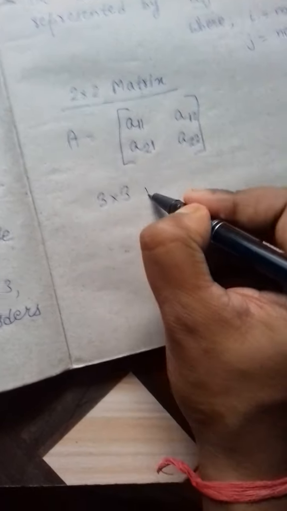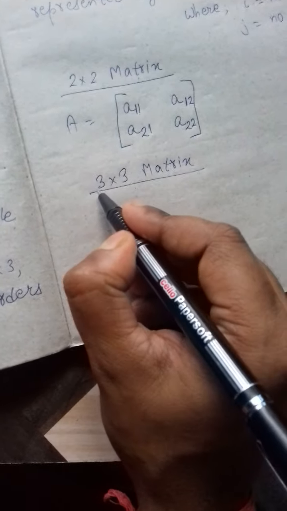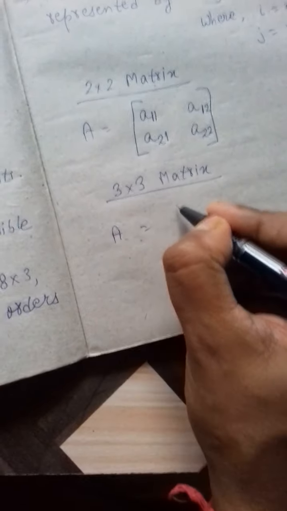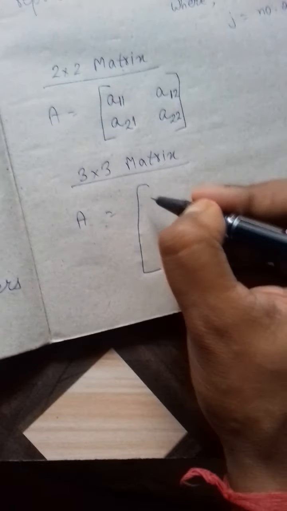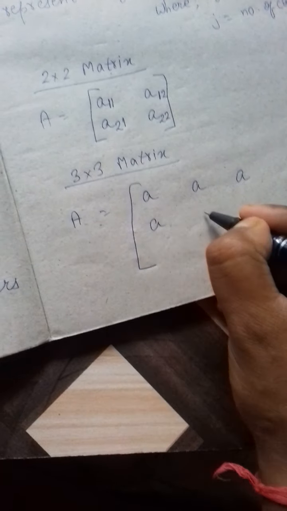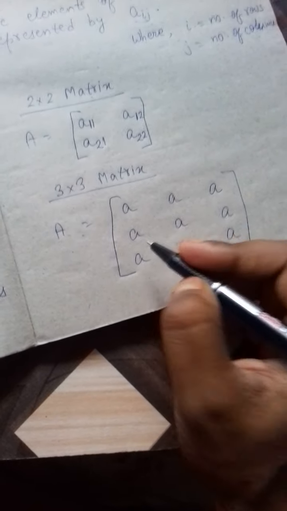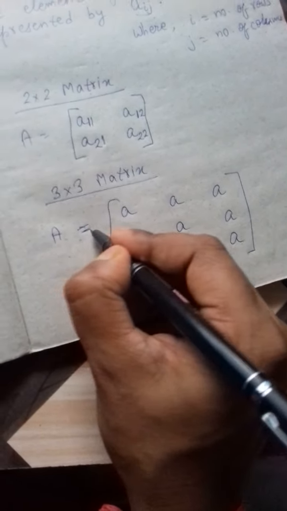Likewise, for a 3 by 3 matrix, it means that it has 3 rows and 3 columns. So we will construct it for 3 rows and 3 columns. First we will indicate the number for rows.